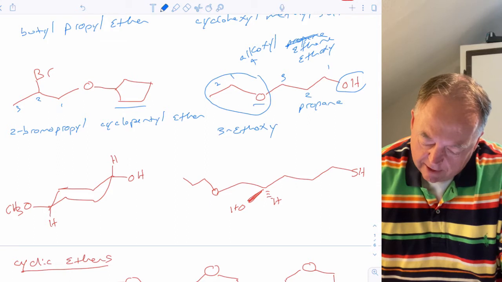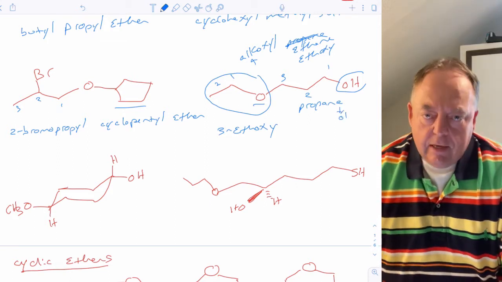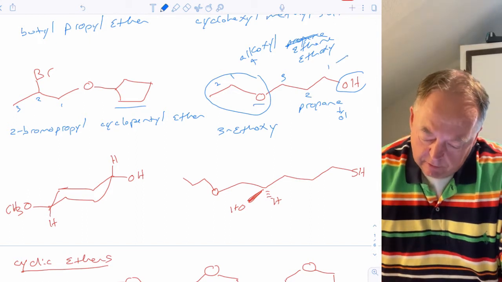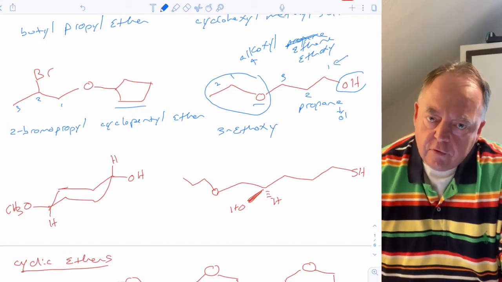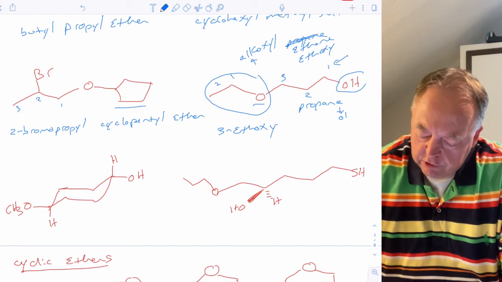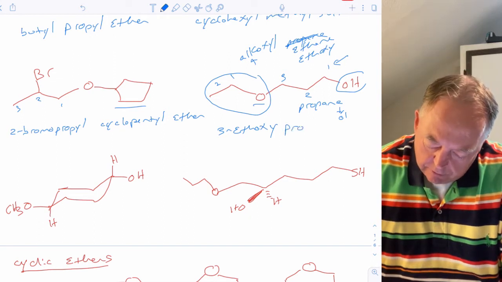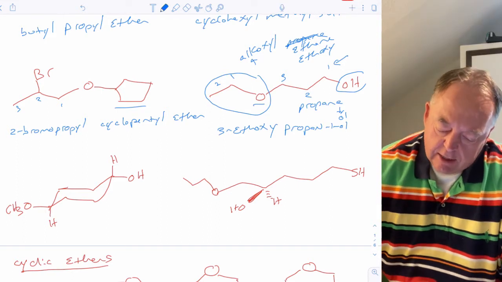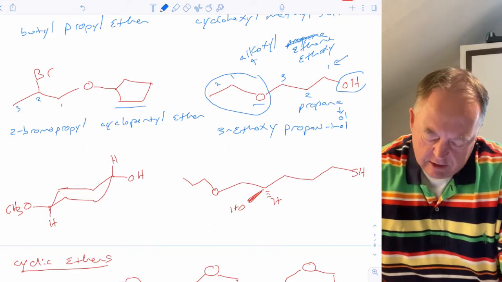If you remember how to name alcohols, you change the E ending to OL. So that would be a propanol, and it's at carbon number 1. So you would put a 1 right before the OL, because the OL is what tells you it's an alcohol. So that would be propan-1-ol. So 3-ethoxypropan-1-ol would be the name of that molecule.